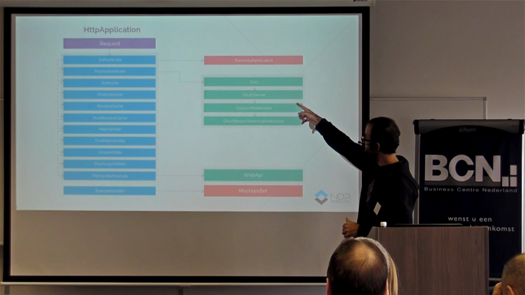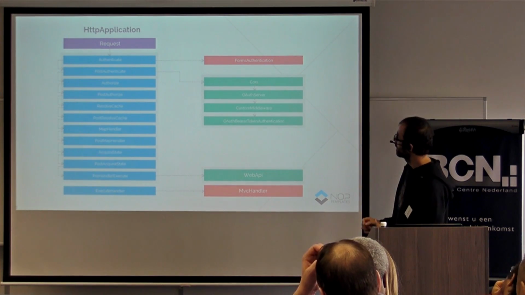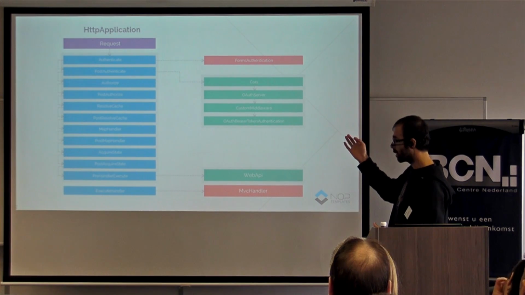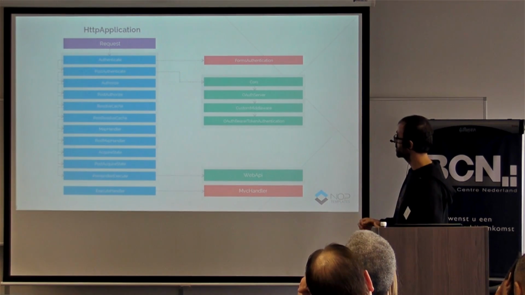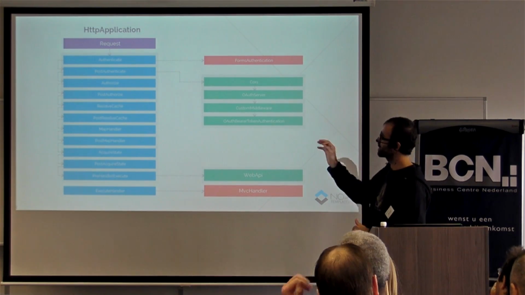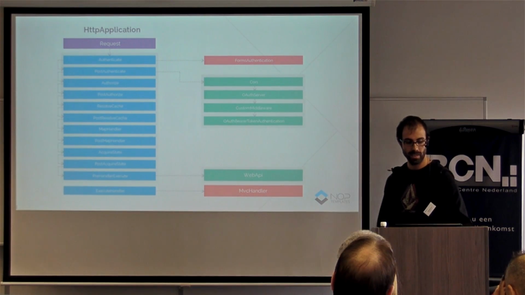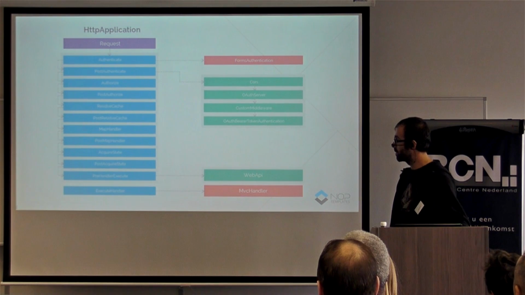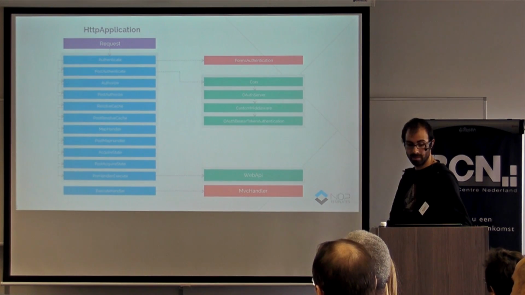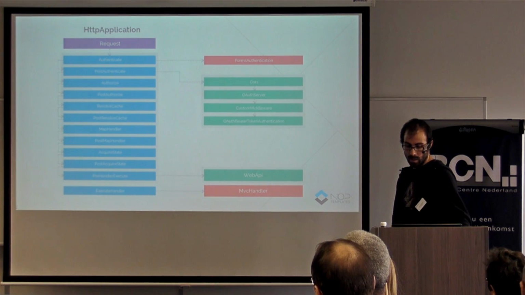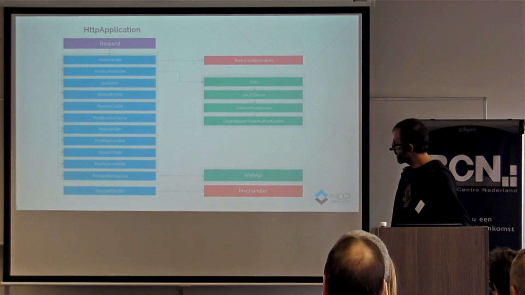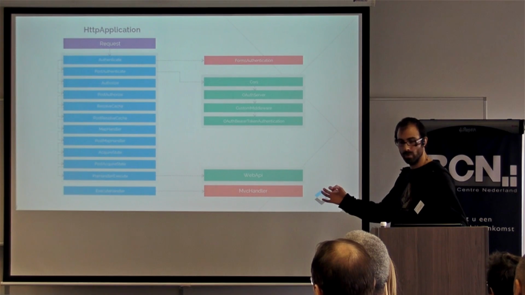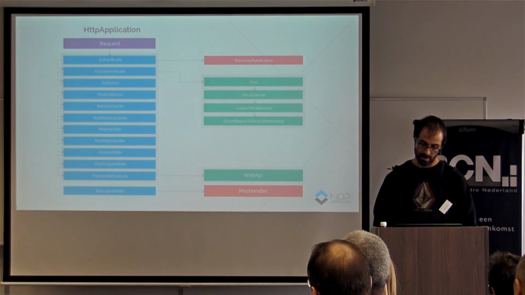In our case, we have these middlewares, which have to do with OAuth and the bearer token authentication. These middlewares are registered specifically at the post-authenticate event. They are not registered by default at the pre-handle or execute event. And in a minute, I'll show you why we do this. And the web API is registered at the default event, and it executes it as an OAuth middleware before MVC.